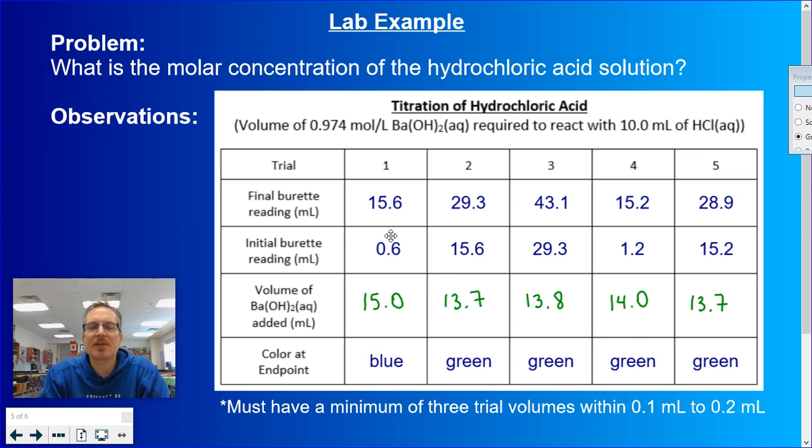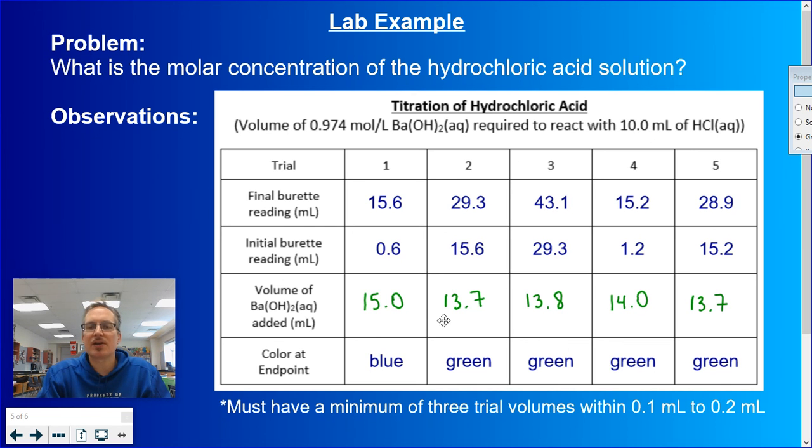I look here and the initial burette reading is only 1, or 2, or 3. The key to figuring out significant digits is, first, you look at the title. We have 3 sig digs for the concentration of barium hydroxide. We have 3 sig digs for the volume of HCl, which means my pipette was precise enough to measure to the tenth of a milliliter.